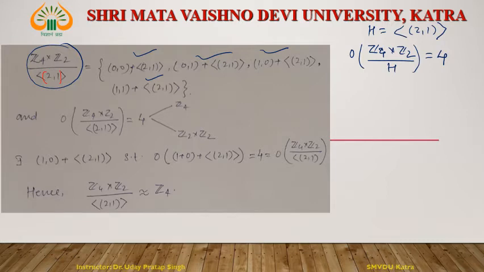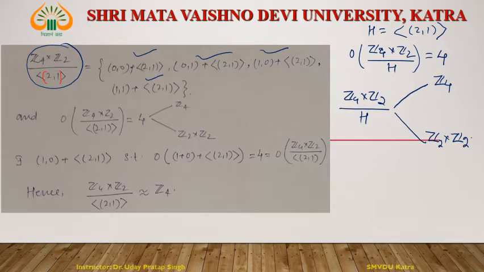Then every group of order 4, this factor group of order 4, is either isomorphic to Z4 or Z2 cross Z2.